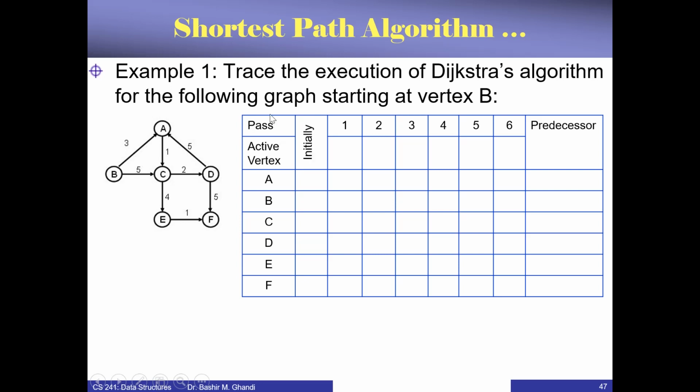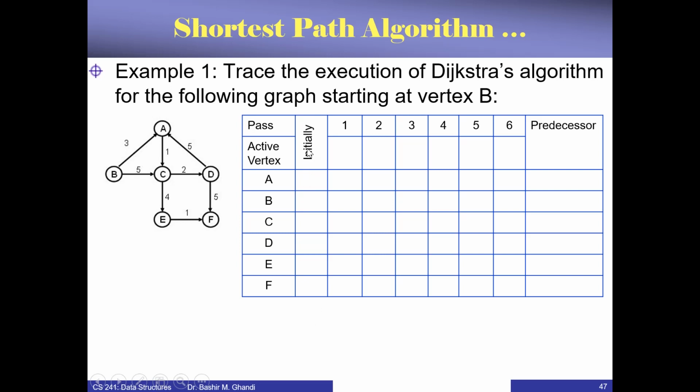As you can see, it has a column where all the vertices are listed, in this case A to F. There is a column where we're going to do some repetitions. How many repetitions depends on the number of vertices. Here there are 1, 2, 3, 4, 5, 6, so there are going to be 6 iterations. There is a column where we give the initial values of the costs.